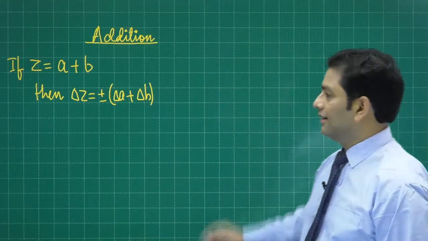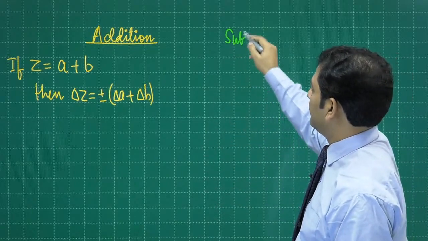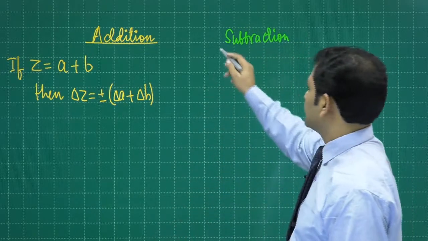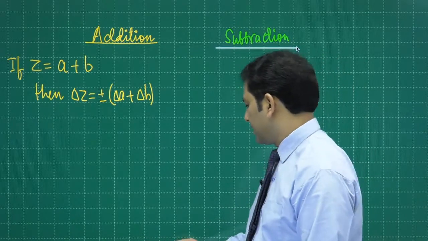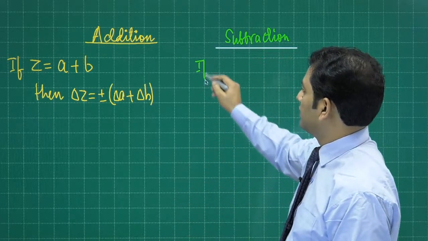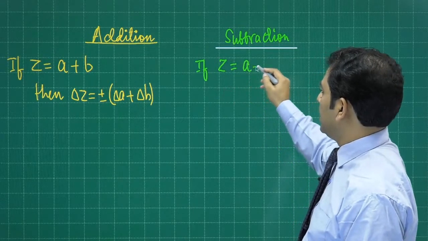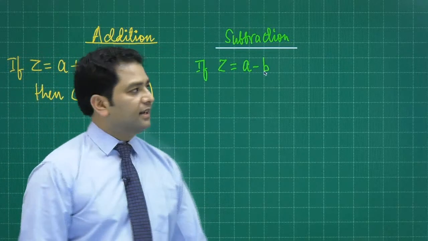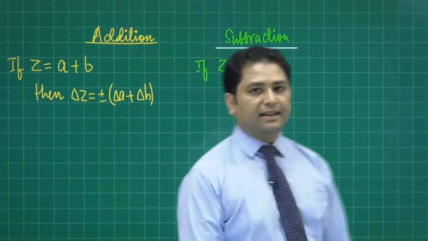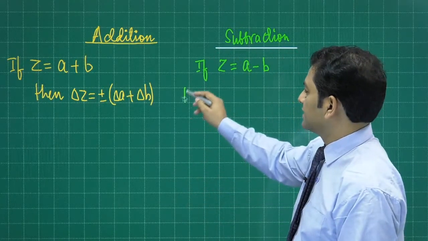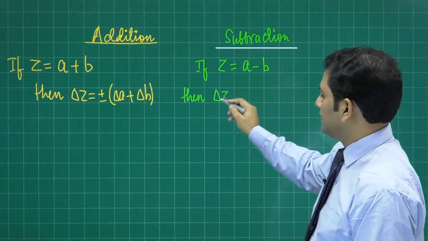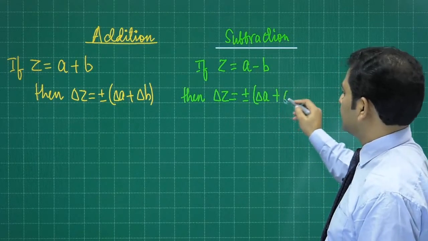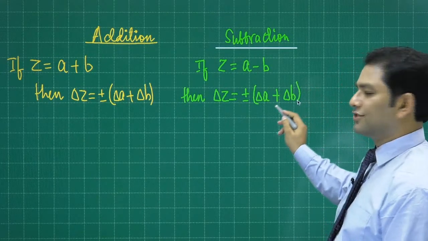Subtraction will surprise you if you haven't done it before. So let's see what is going to happen whenever we are subtracting two quantities. If Z equals A minus B, two quantities are being subtracted and there are individual errors in that case, then you would find delta Z will be plus minus delta A plus delta B. Here I would like to take your attention.